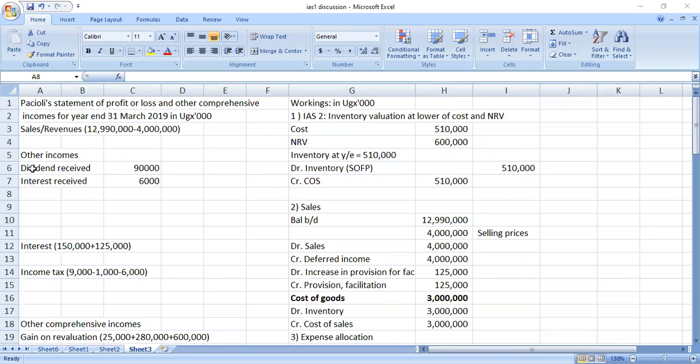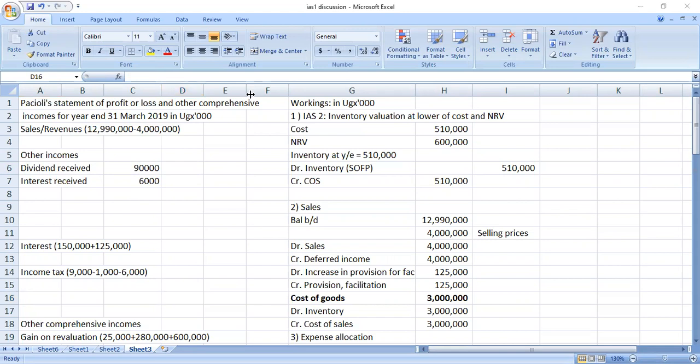They actually increase the profit. Of course, we know that at the end of the day, the profits that we get from here, we take them to retained earnings. However, we take them there after passing through the profit or loss. Unlike dividends paid, which we take under retained earnings straight. So I hope I've answered you.